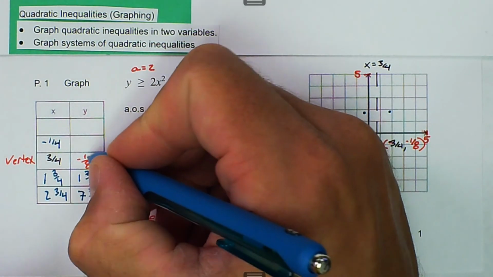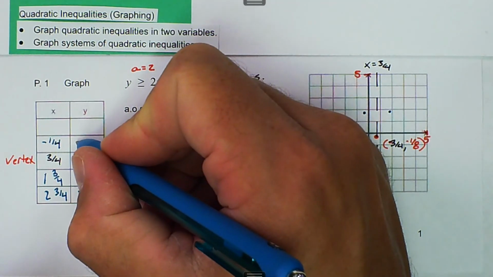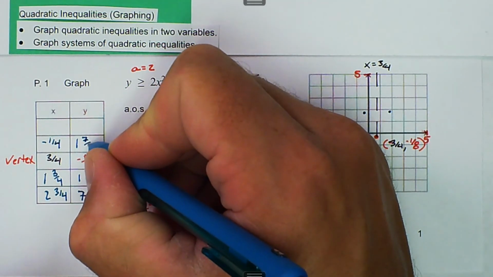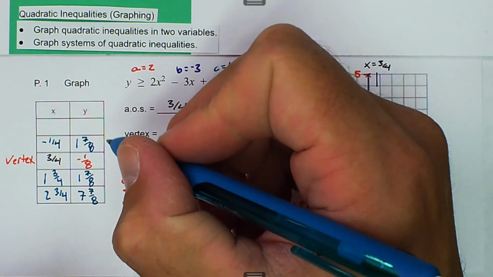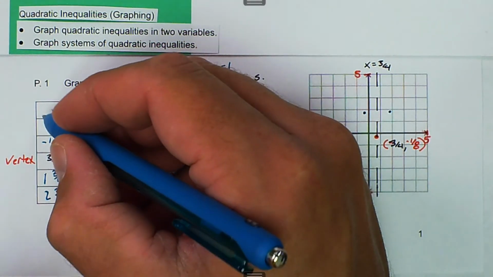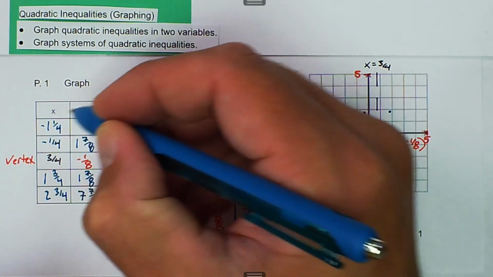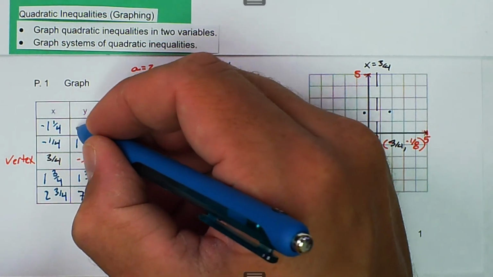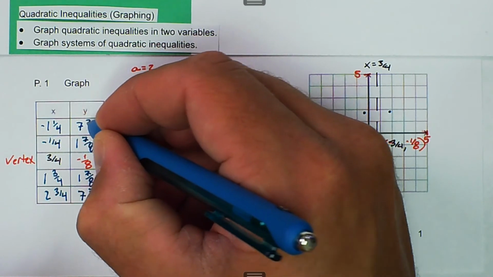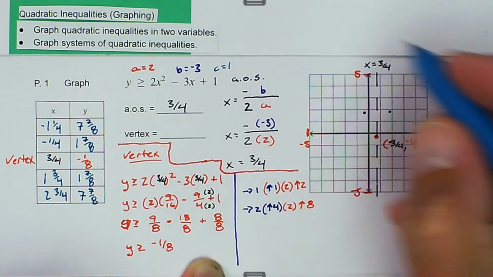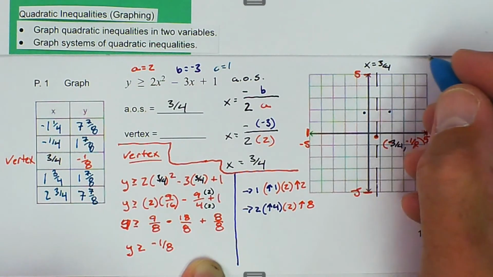But it's still going to be 1 7/8 up. And then it's going to be negative 1 1/4 because we're going 2 over, and that's going to be 7 7/8. But that's going to be off our graph.